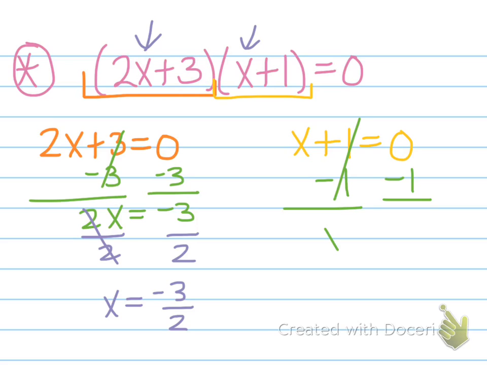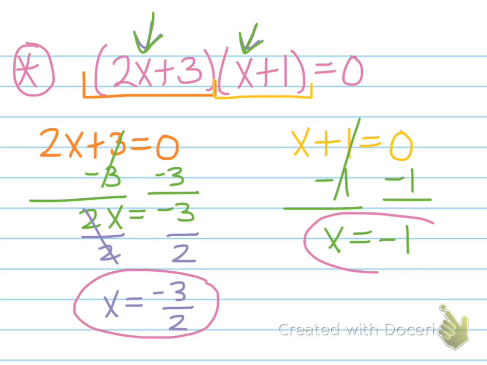So I would get x equals negative 1. When I substitute negative 1 into the equations where x is, the second factor will be equal to 0, because negative 1 plus 1 is equal to 0. So my two solutions for this equation are negative 3 halves and negative 1.